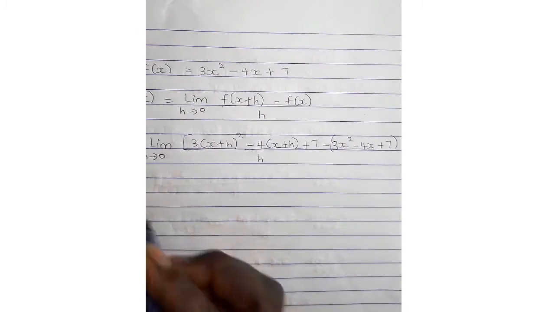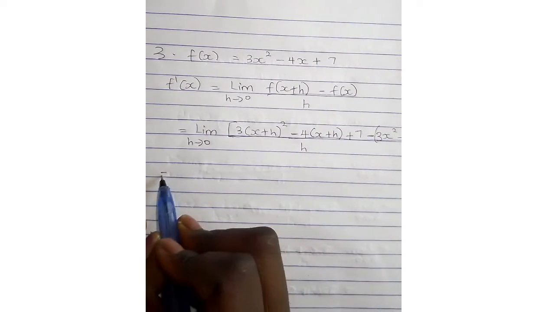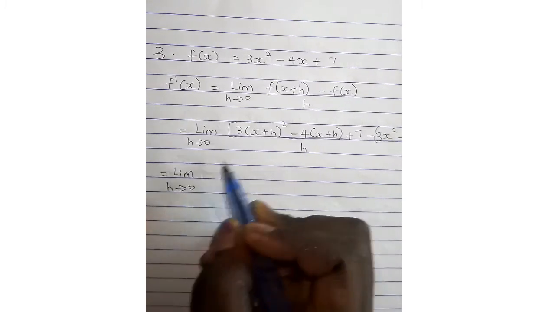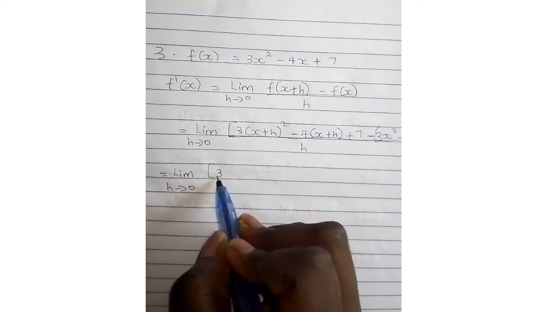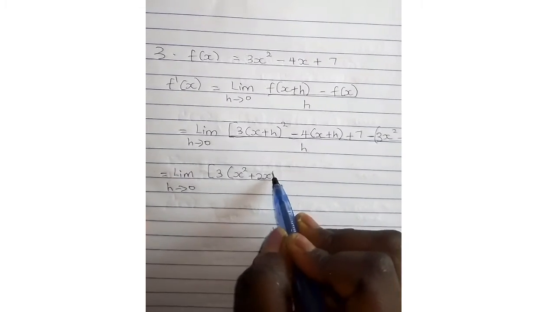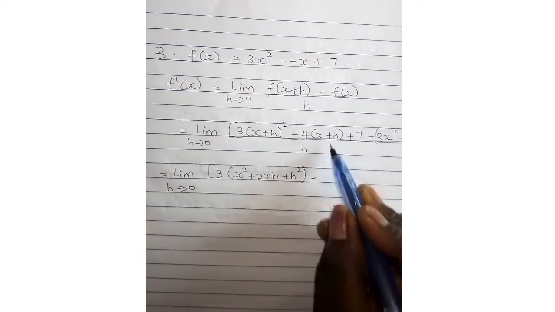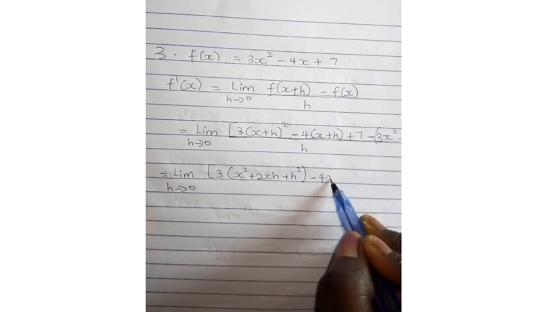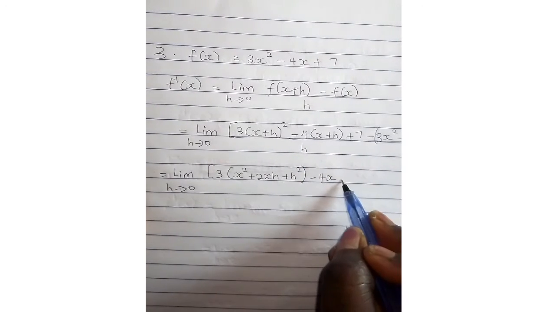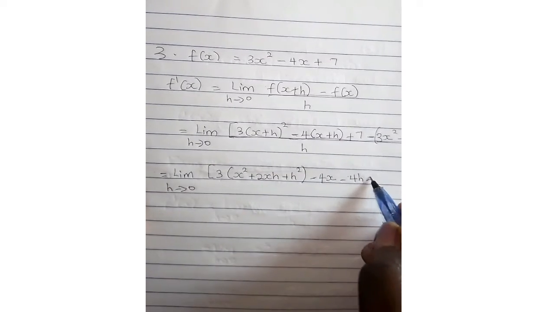So by expanding this, we're going to have something like this. The limit as h approaches 0. By expanding this, it's going to be in a bracket. So we're going to have x squared plus 2xh plus h squared in a bracket, minus 4x minus times plus, we're going to have minus, so we have 4 times h, 4h plus 7.